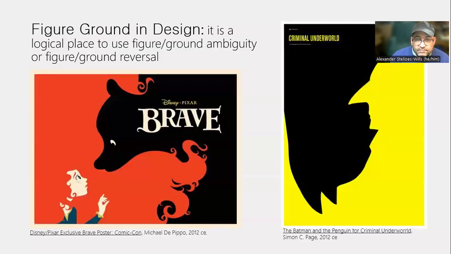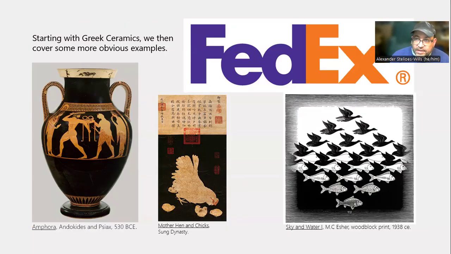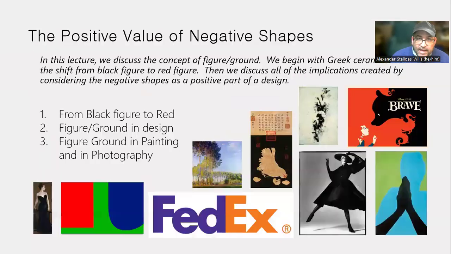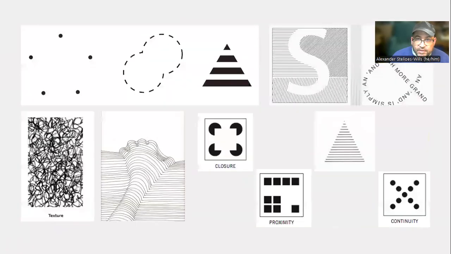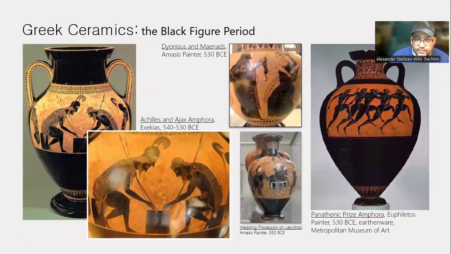Okay. So I should have another page where I go into more detail with the Greek ceramics. Maybe we should go back just for a second so we can really remember what we were talking about. Okay, so black figure looked like this. And like I said before, in black figure, the artist is thinking in a more literal way, because the background is just the flat red of the clay.